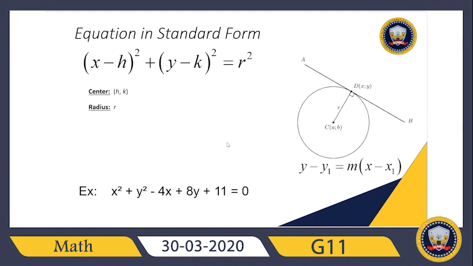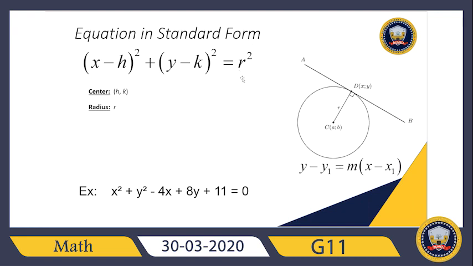Okay, before continuing the topic, let's do a recap about circles and their properties. We said that we can define a circle by its standard form equation. Each circle can be written as (x minus h) squared plus (y minus k) squared equals the radius squared.